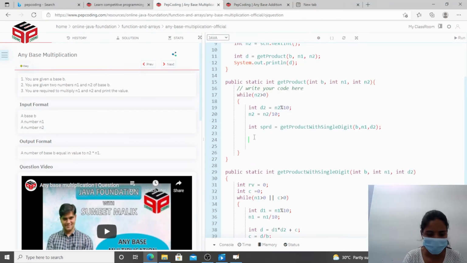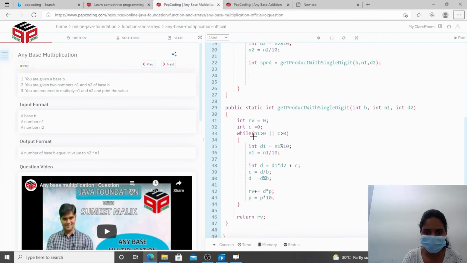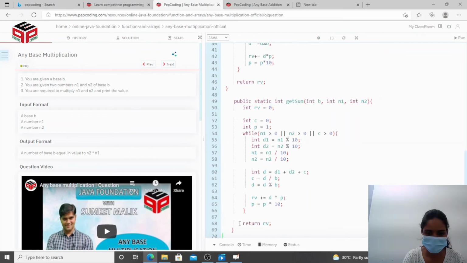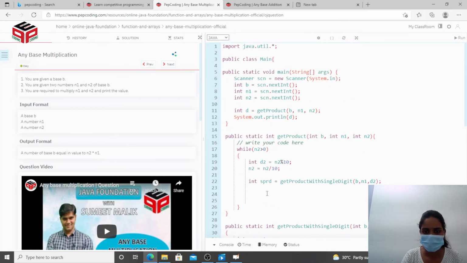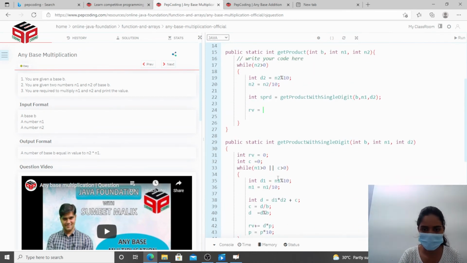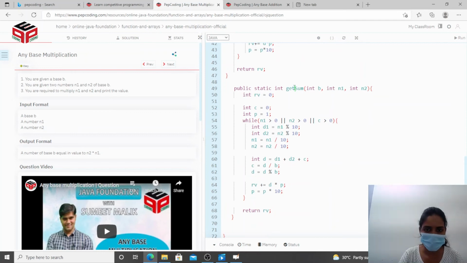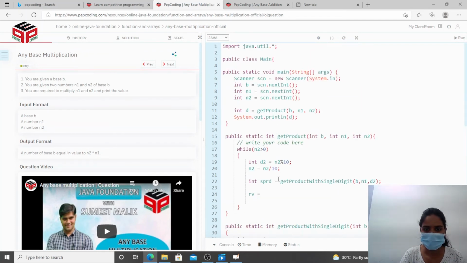Okay. Get sum. Whatever we receive, I have to receive in the RV. Let me call the get sum function so that I can add them up.